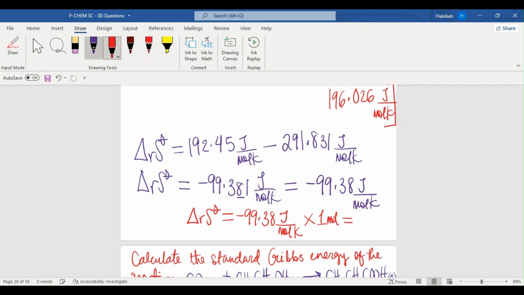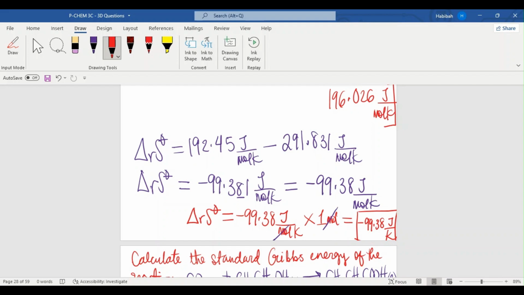Cancel the moles out. What we calculated had mole, and when we multiply by 1 mole, the answer is just in joule per Kelvin. That's the only difference. So our answer is negative 99.38 joule per Kelvin, and this is the answer that we're asked to solve.